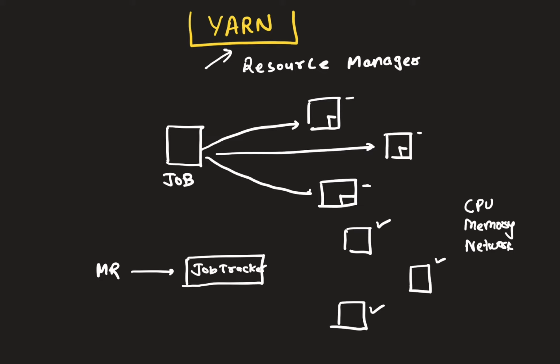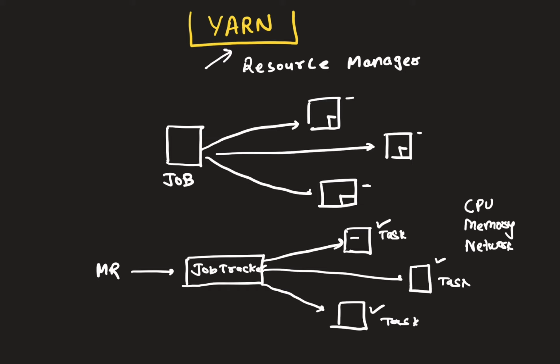So once the job tracker identifies that, okay, these three nodes are where your job has to execute, it will spin up a task on all these nodes. So your task will be running here, then your task will be running here, and then your task will be running here also. So there will be a task tracker launched on all of these nodes.